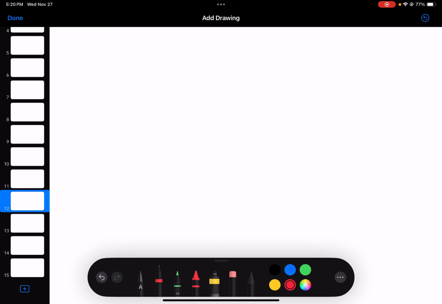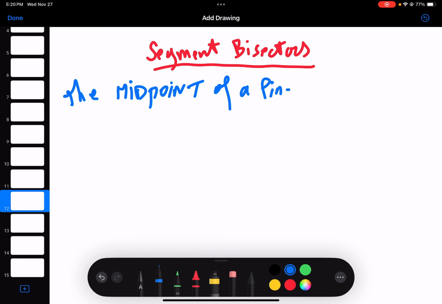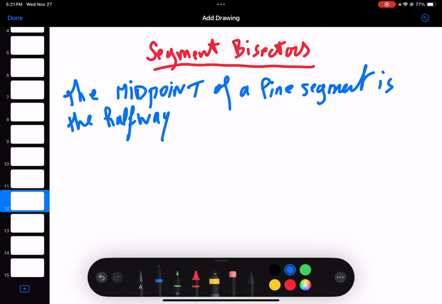All right, let's talk about segment bisectors. So the midpoint of a line segment is the halfway point.